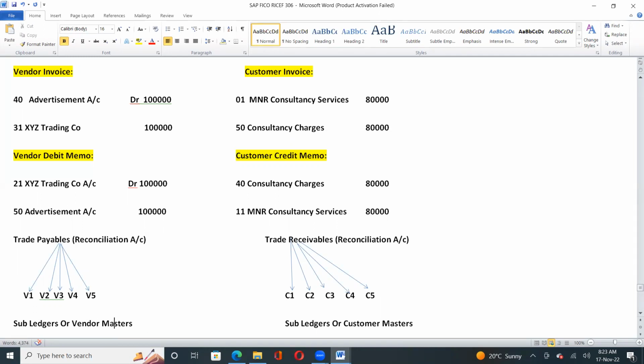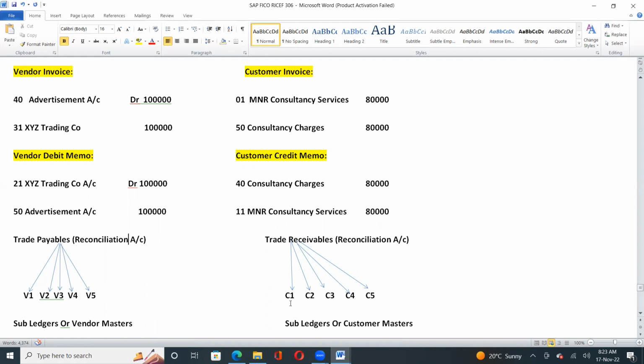So here these are called reconciliation accounts or main ledgers, and whatever vendors we are going to create are known as subledgers or vendor masters. And same thing when it comes to trade receivable in the AR module, we call it trade receivables, or reconciliation accounts or main accounts.